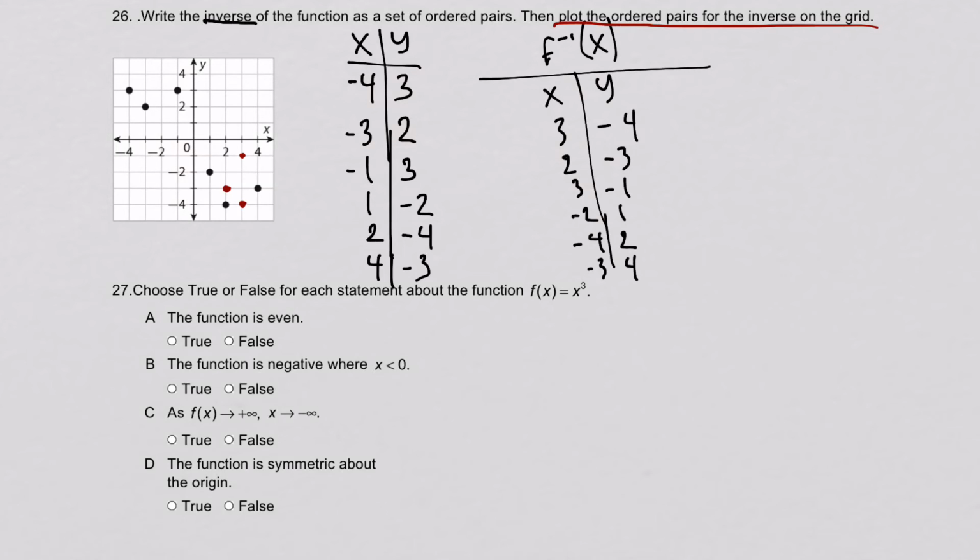Negative 2, 1. Negative 4, 2. And negative 3, 4. And that's it. Those are your inverse. Those are the points plotted of the inverse.